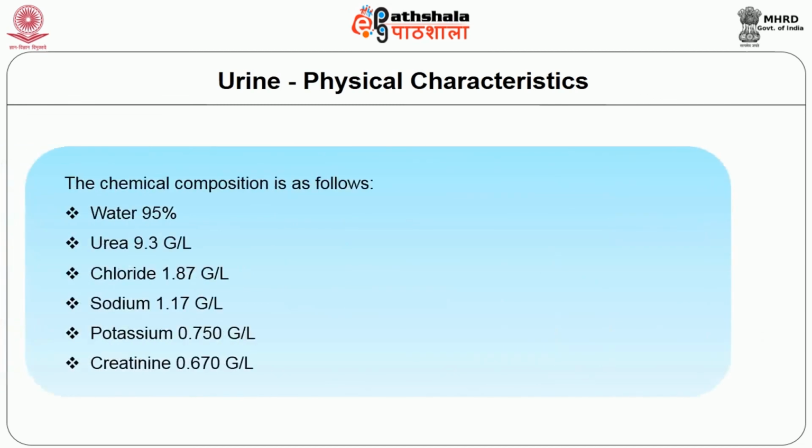The chemical composition of urine is as follows: water 95%, urea 9.3 grams per liter, chloride 1.87 grams per liter, sodium 1.17 grams per liter, potassium 0.75 grams per liter, creatinine 0.67 grams per liter, with lesser amounts of other ions and compounds.